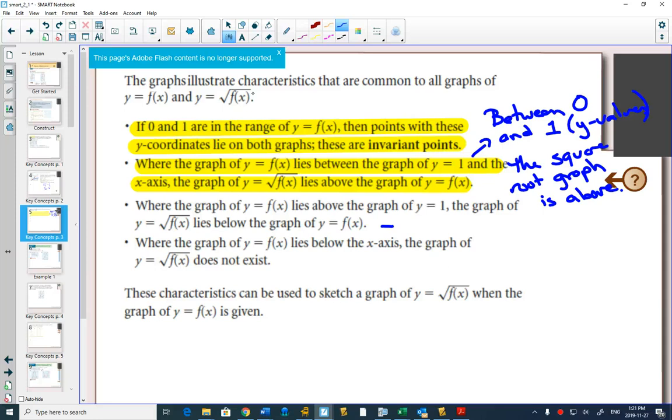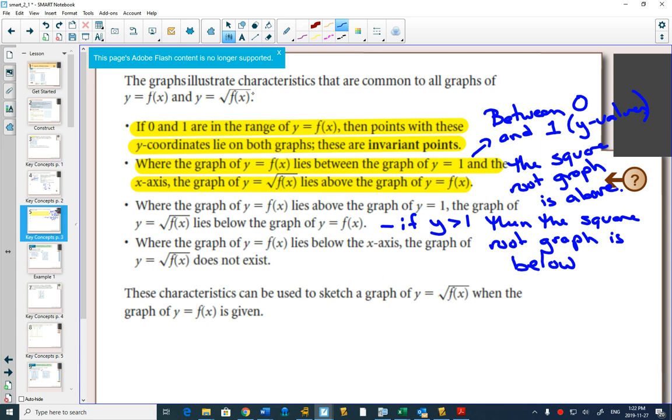The second one, if the y values are bigger than 1, then the square root graph is below.